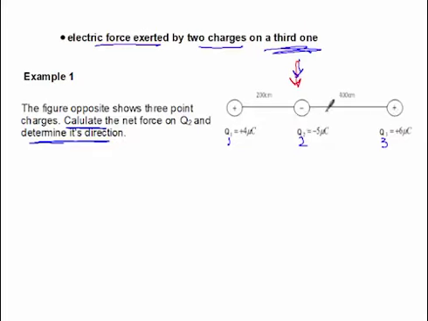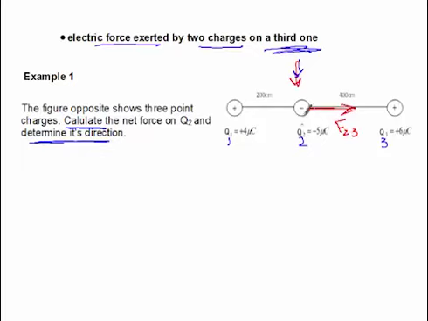It is going, of course, to attract Q2, because this is positive and this is negative. So there is an attraction force. Let's call this F, the force between Q2 and Q3.